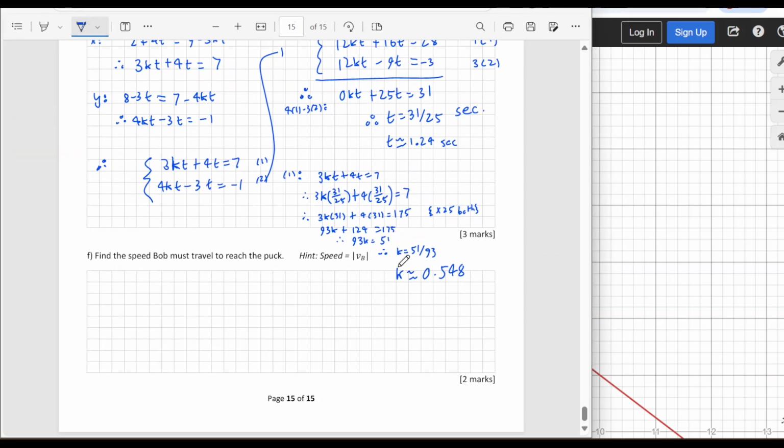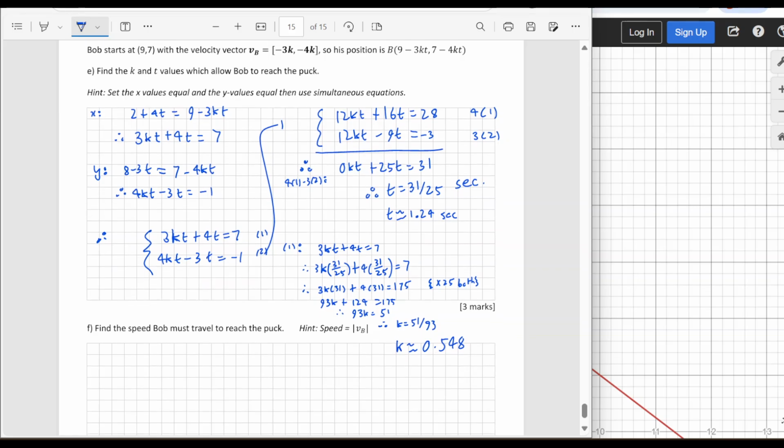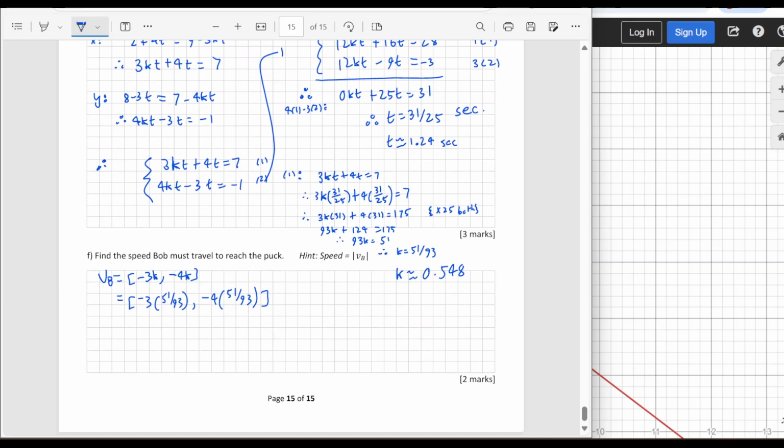Anyway, one more question. We just have to find Bob's speed. So the velocity of Bob is minus 3k and minus 4k, which is minus 3 lots of 51 over 93 and minus 4 lots of 51 over 93, because we know what k is now.